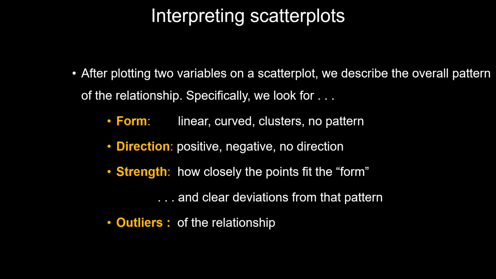We can also talk about the direction, whether it is in the positive direction, negative direction, or no direction at all. The strength is how closely the points are connected, or how the values deviate from that pattern. And we can also check whether it has an outlier for this relationship or not.